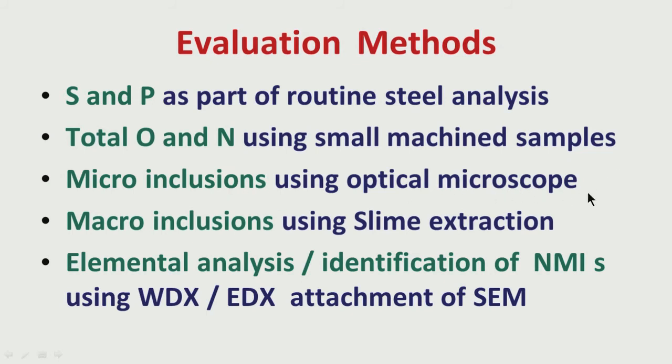Micro inclusions we can observe under an optical microscope. Macro inclusions we can observe using slime extraction, that means through an electrolysis process, and we know what are the constituents using WDX or EDS attachments of the scanning electron microscope. So, these are the different techniques by which we can evaluate the different quality parameters in steel, whether it is sulfur and phosphorus, that means the quantity of residuals, or oxygen and nitrogen, how much total oxygen is present, or the inclusions.